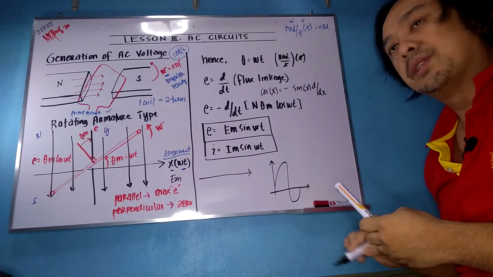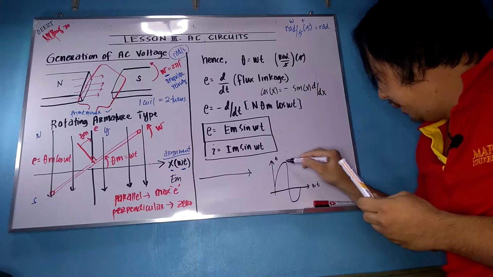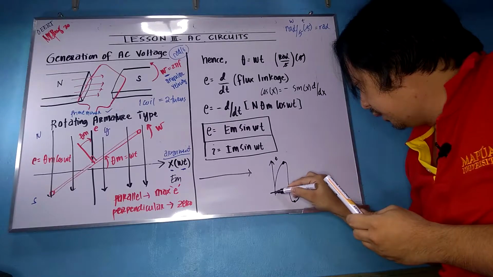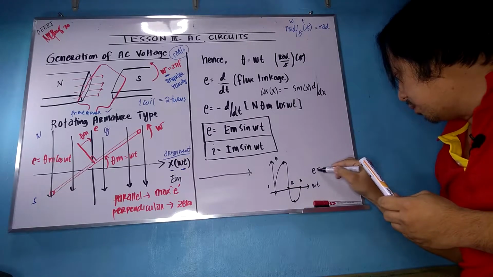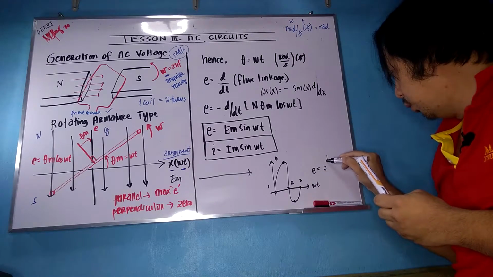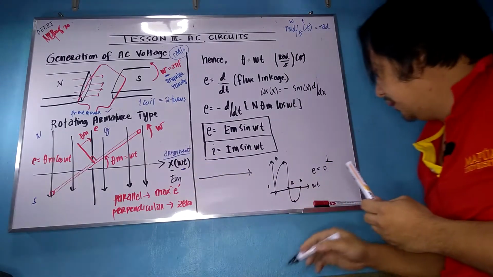Or in other words, when we project this, we can have your e versus your argument. From here, you have 3 points wherein your e is 0. E is 0 if the coil is perpendicular to the magnetic field.